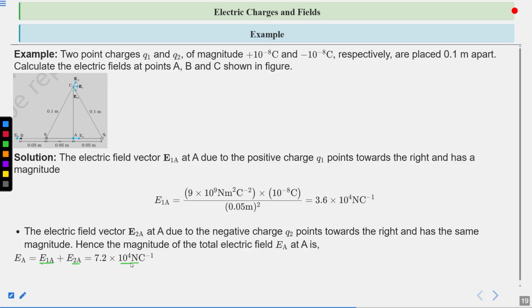We already learned the concept to find the electric field due to multiple charges. There are only two charges here, so in that case the electric field EA is equal to this one. EA is directed towards the right.